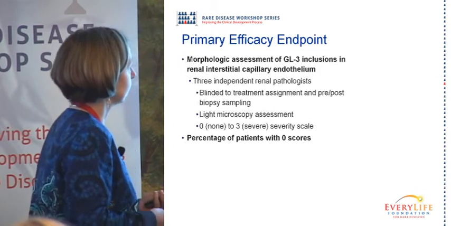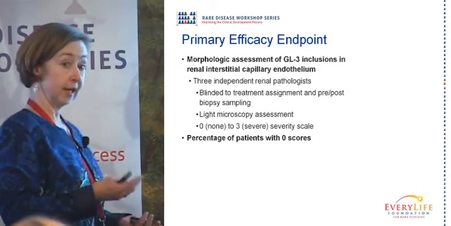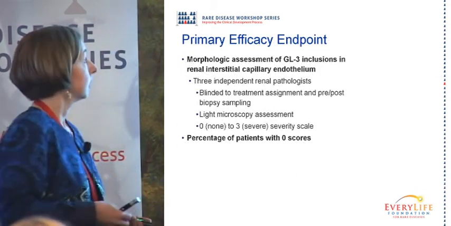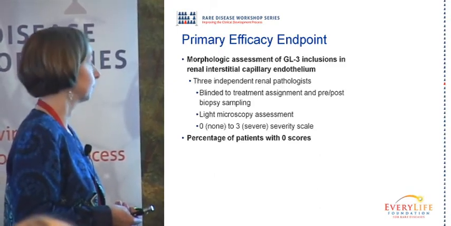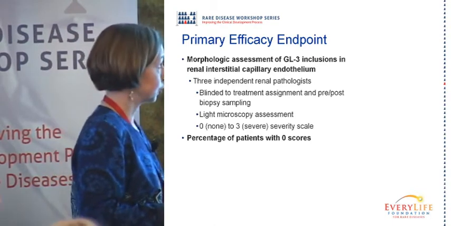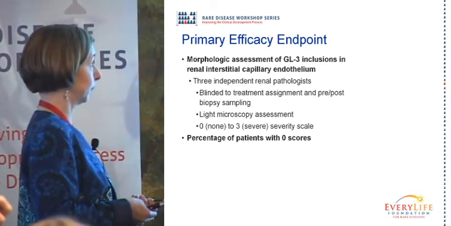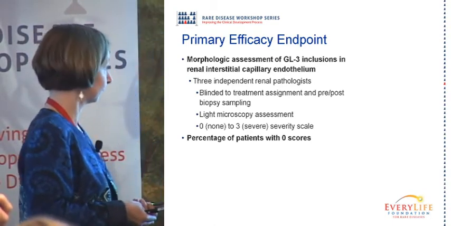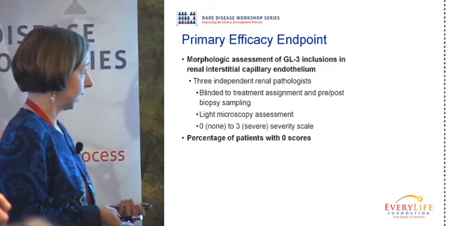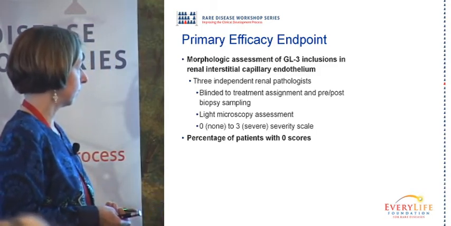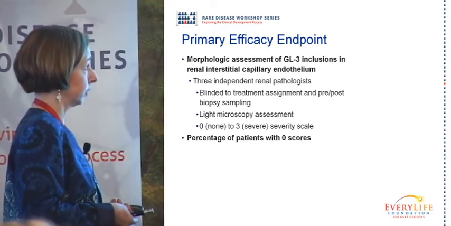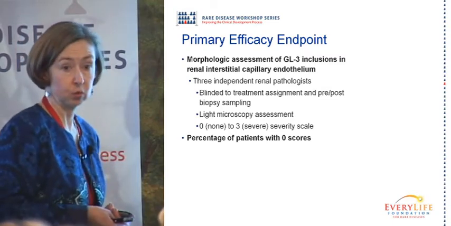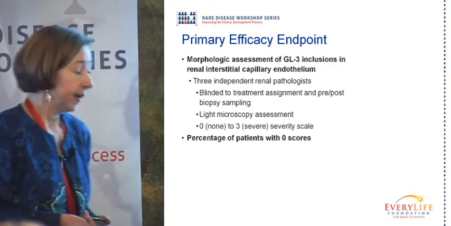So for each of the organs, we had 3 independent pathologists. For the kidney, we had 3 independent renal pathologists. They were blinded to treatment assignment and pre- and post-biopsy sampling. As I said, it was a light microscopy assessment, and it was graded on a scale from 0 to 3, a semi-quantitative scale.